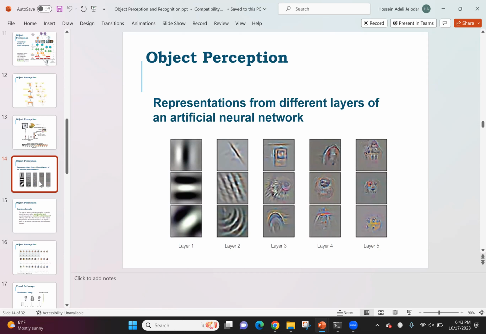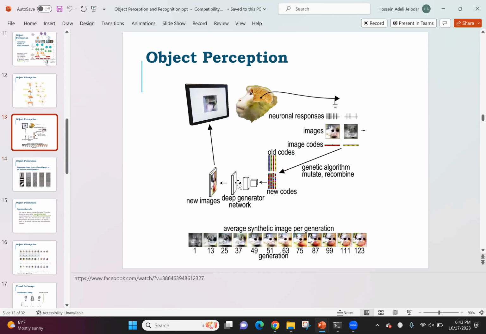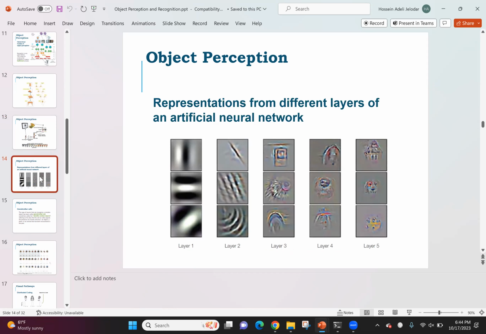But what you can do with an artificial neural network is the same experiment you did here. You could look at a unit in this network and basically play around with your visual input and see which visual input maximally activates this unit. Instead of doing it in a monkey, you're doing it in an artificial system that is trained for recognition.